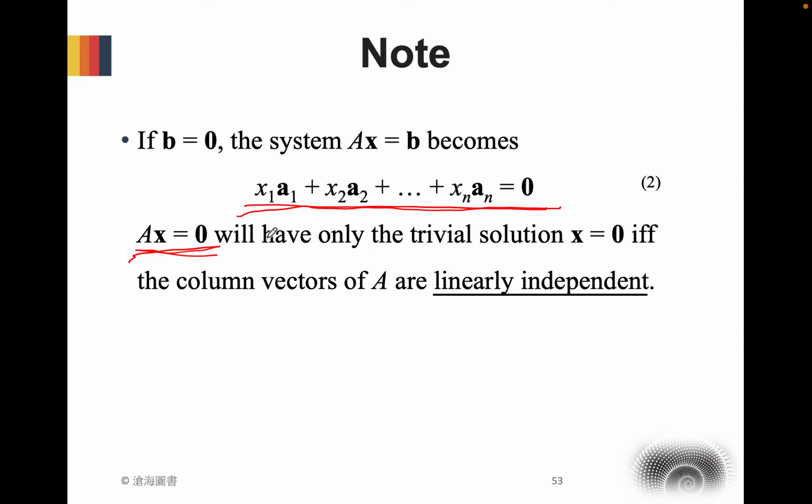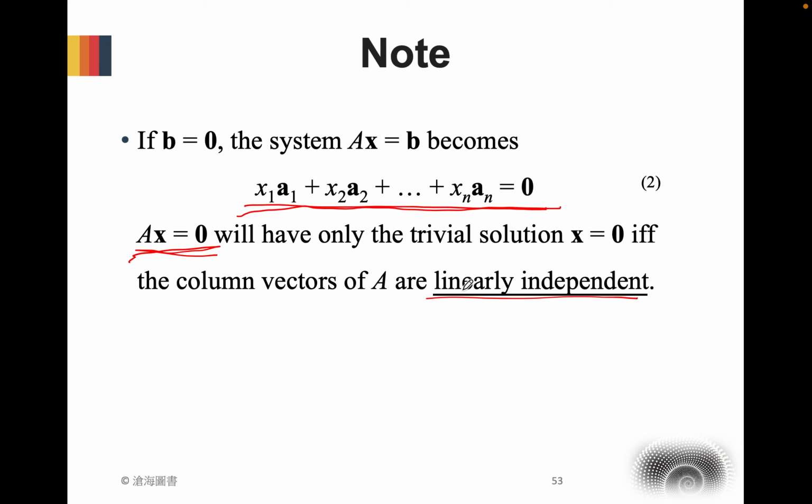And this homogeneous system has only the trivial solution if and only if what? If and only if a1, a2 to an are linearly independent. We already know that, right? So if and only if the column vectors of A are linearly independent.